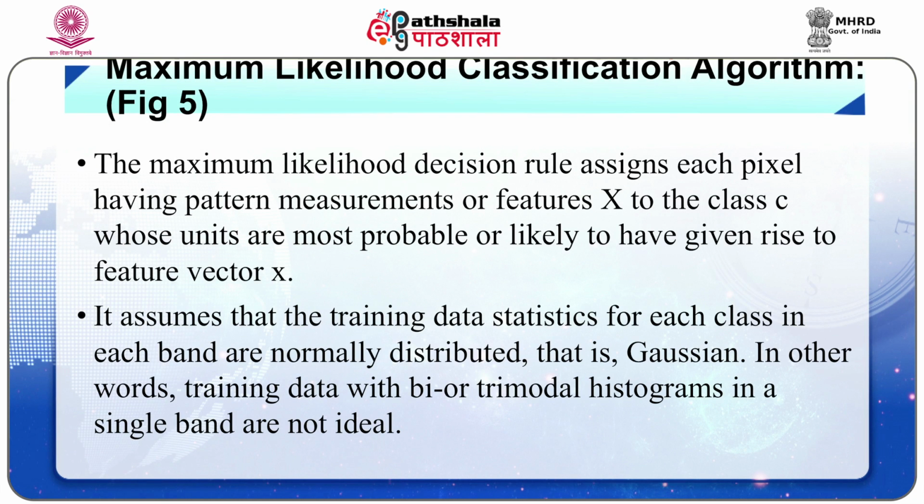Maximum likelihood classification is shown in figure number 5. The maximum likelihood classification decision rule assigns each pixel having pattern measurements or feature X to class C whose units are most probable or likely to have given rise to feature vector X. It assumes that the training data statistics for each class in each band are normally distributed, that is, Gaussian.